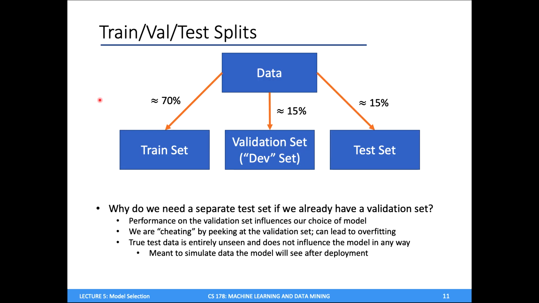Okay, so as I promised, I'll answer the question why we actually need a separate test set instead of just a validation set. The idea is that the performance on the validation set is actually going to influence the choice of model. So, maybe for an analogy, imagine your training set is like lectures for some course you're taking.